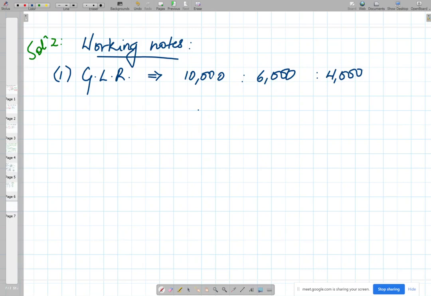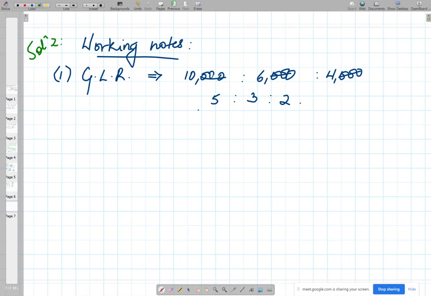If you find a common number which can divide all of these, let's say for example 2, fine. Leave out the zeros and you have 10:6:4, which can be further reduced. If you divide these by 2, 2 5s are 10, 2 3s are 6 and 2 2s are 4.